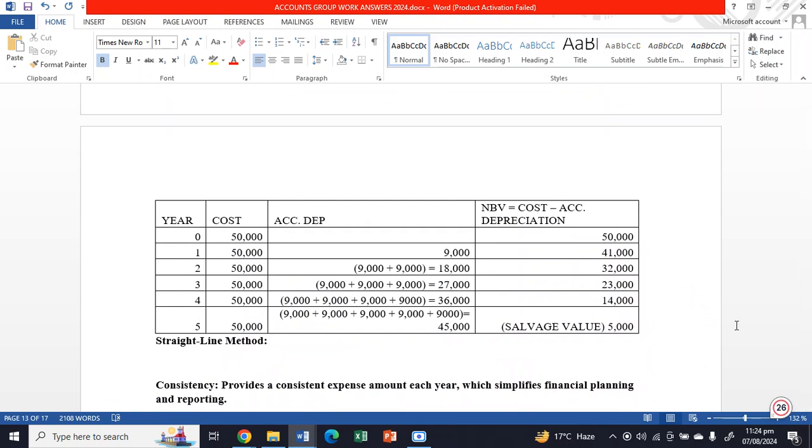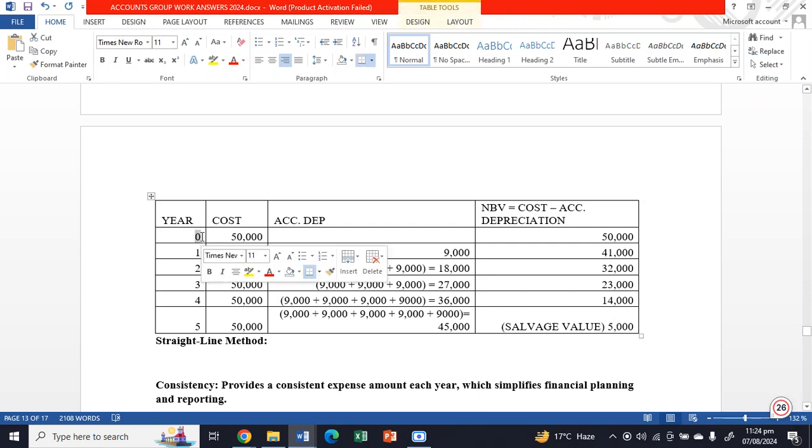All right, this is on the balance sheet. Well, this is going to give us an idea of what is happening. Year zero is the first day of year one. So in year zero, when you buy this machine, there's no depreciation attached to it.